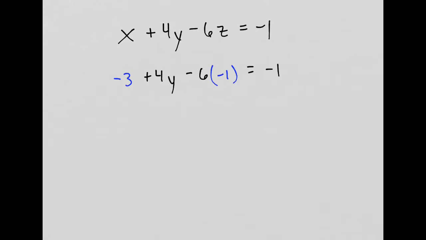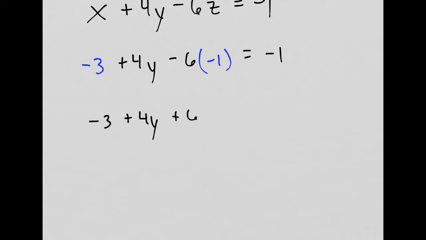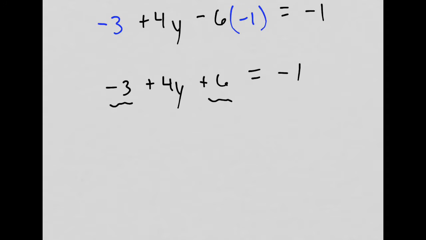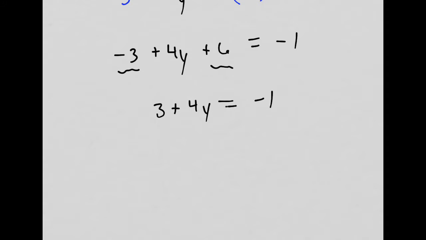All right, let's do this. That's just negative 3 still. Negative 3 plus 4y plus 6 equals negative 1. I can combine like terms. 6 minus 3 is 3 plus 4y equals negative 1. I'm just solving for y. This should be easy.